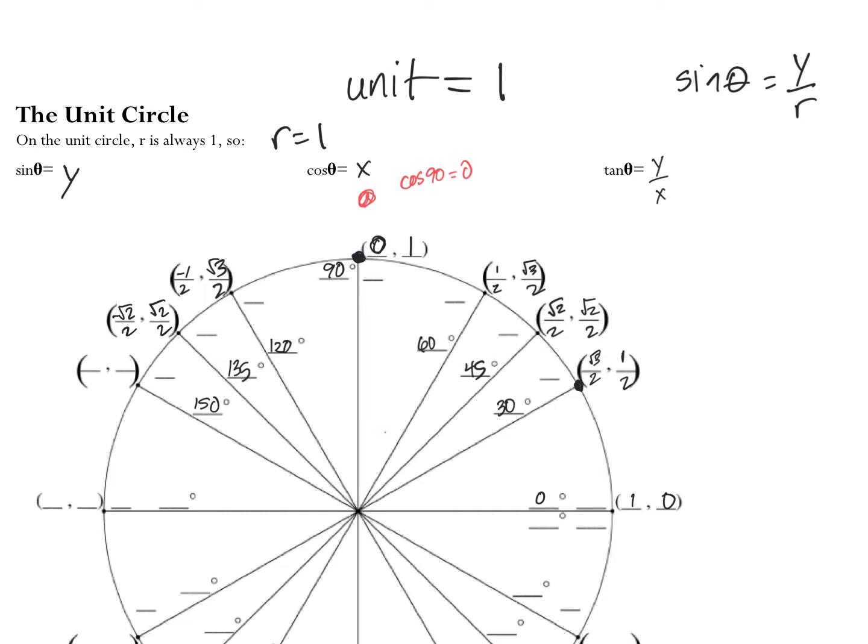Negative square root 3 over 2 and positive 1/2. Okay. This angle, 180. Negative 1, 0.